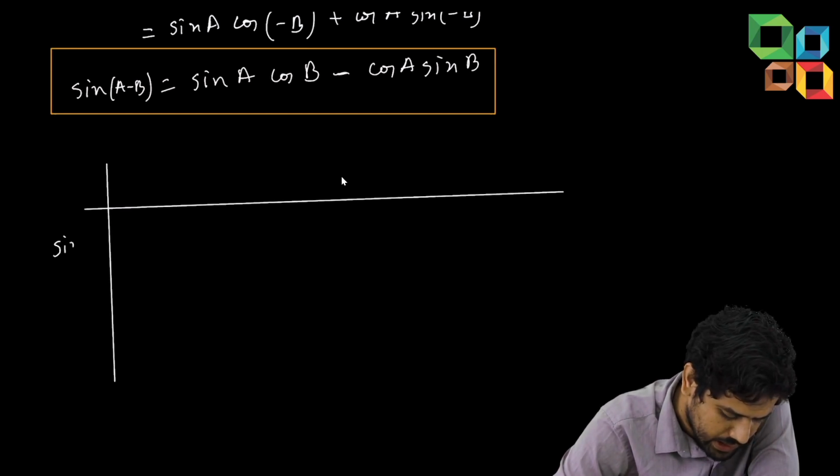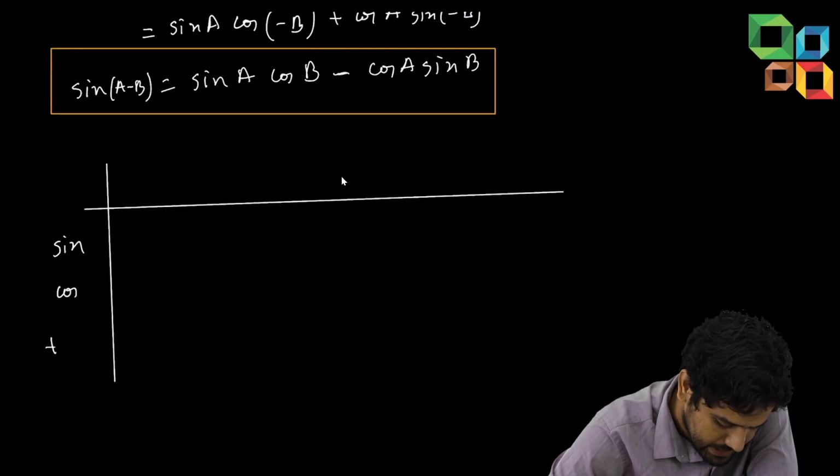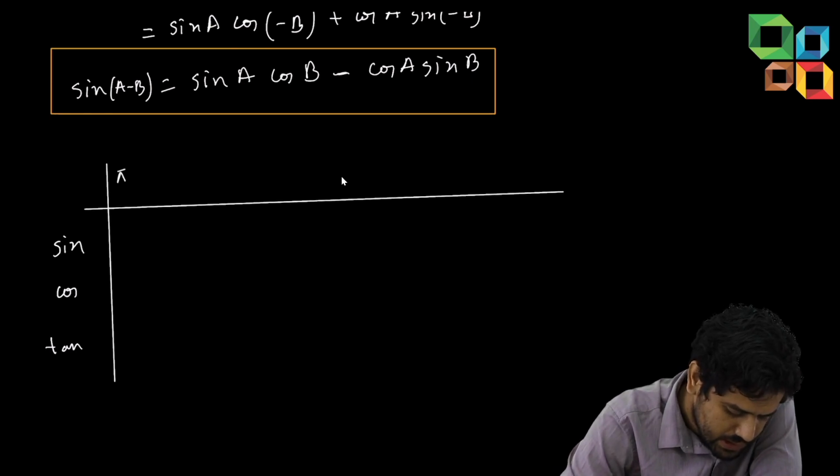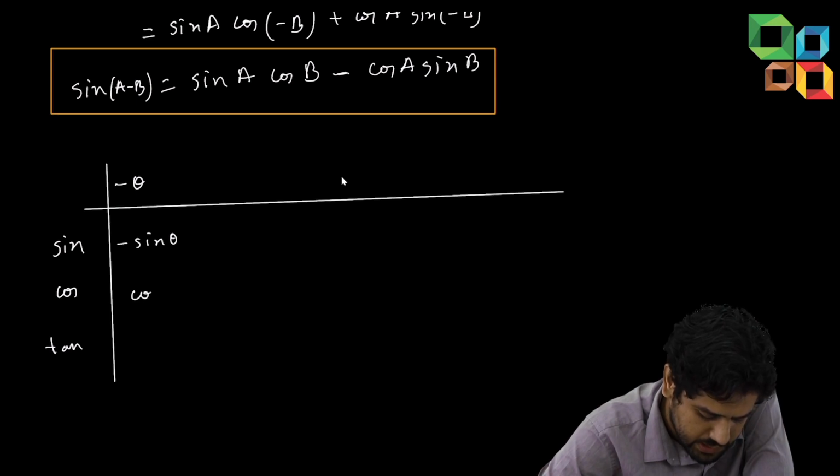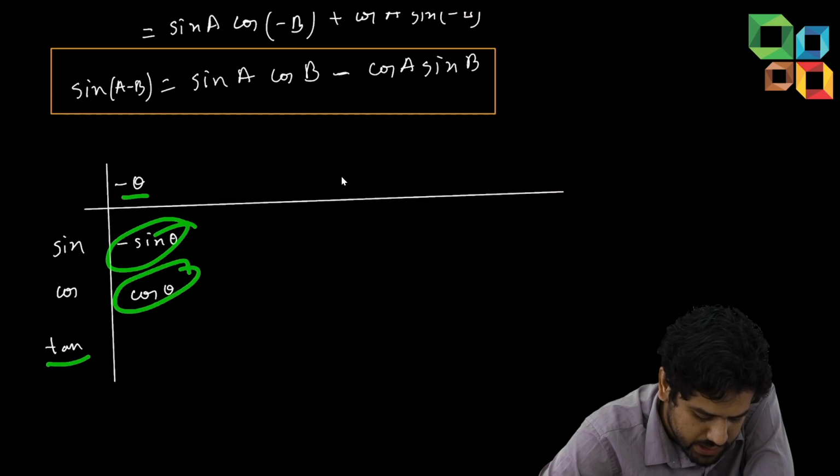So we have sine, cos, tan. First is minus theta. What is sine of minus theta? We just saw sine of minus theta will be minus sine theta. Cos of minus theta will be cos theta. And tan of minus theta will be this divided by this, right?